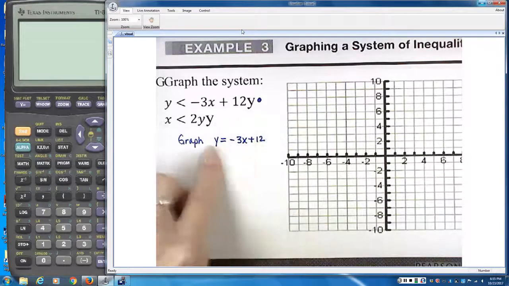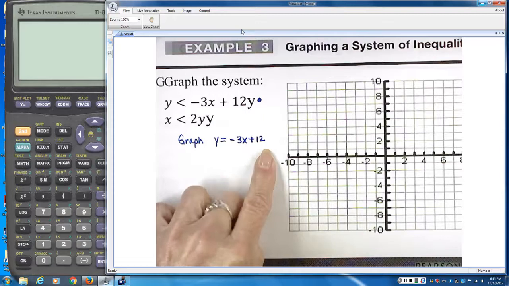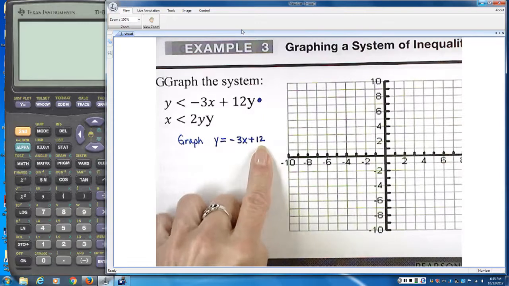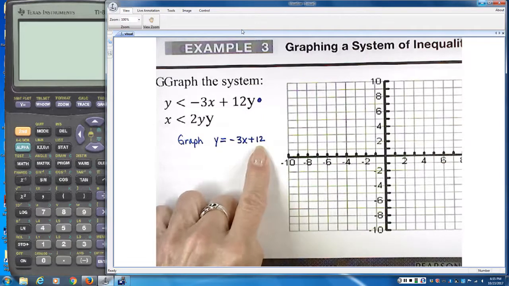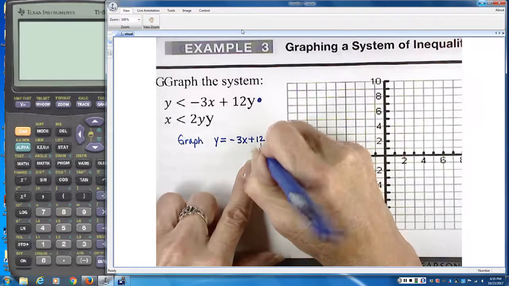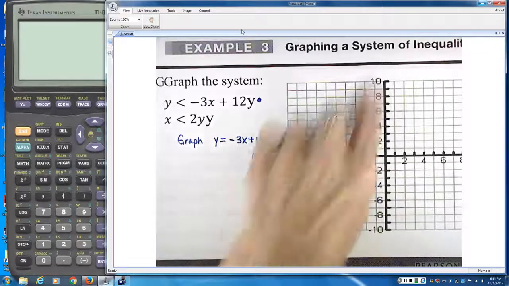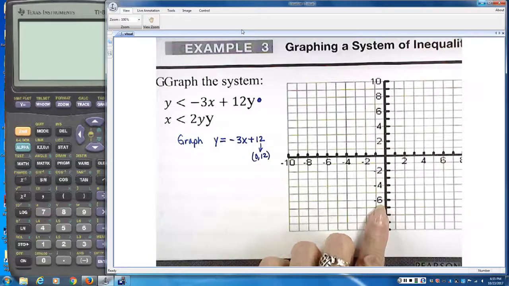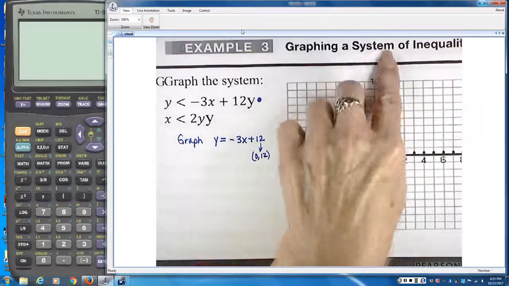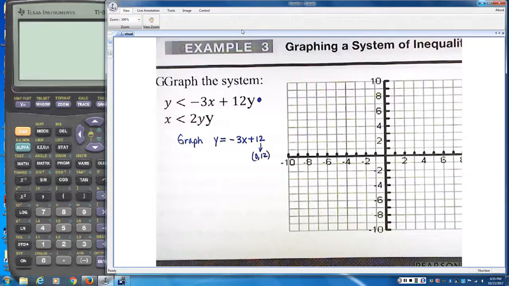And since I've already got it in that format, the easiest way to graph that is, if I could find 12 on here, I could use the slope-intercept method. This tells me that the point 0, 12 is on here. But when I look at the graph they've given me, I don't see where 12 is, it's way up here. So I could still do the method I wanted to do before.